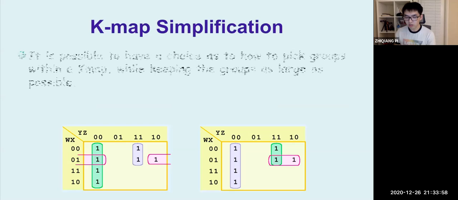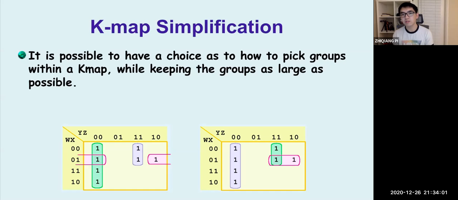Something to note in K-map simplification is that it's possible to have choices of how to pick the groups within a K-map while fitting all the criteria. As seen in the K-maps down below, they are the exact same mapping, and the groupings all fit the criteria. The groups are as large as possible, there are as few groupings as possible, and all the groupings have sizes that are powers of 2, contain only ones, and are rectangular.